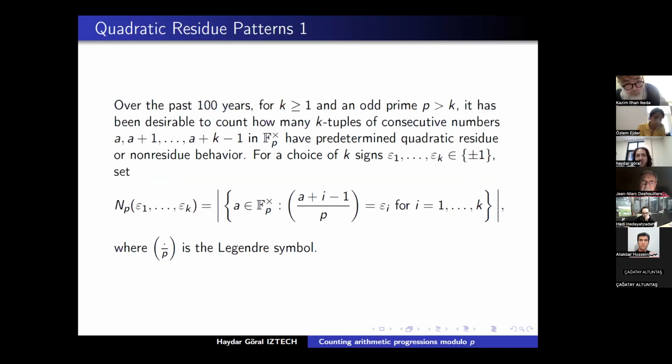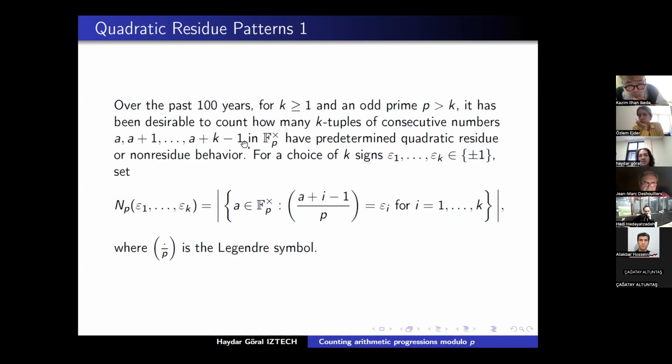And why is this problem important? Because many people work on this problem, especially you fix k, so this is your length, and you take a big prime p bigger than k, then you consider these consecutive numbers in Fp: a+1, ..., a+k-1.